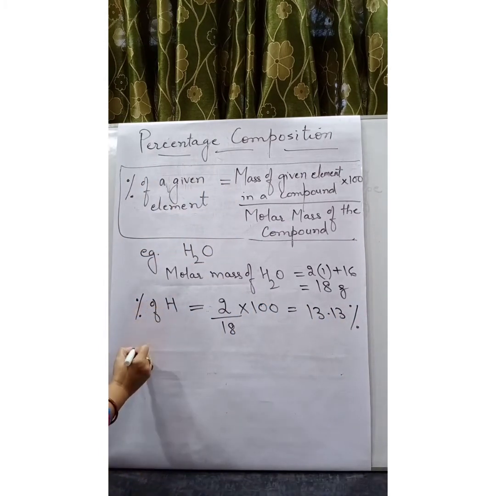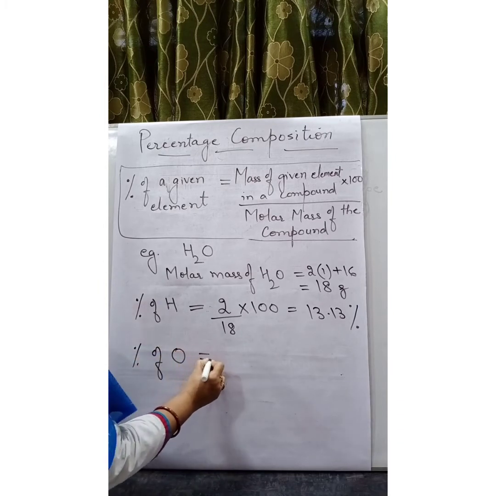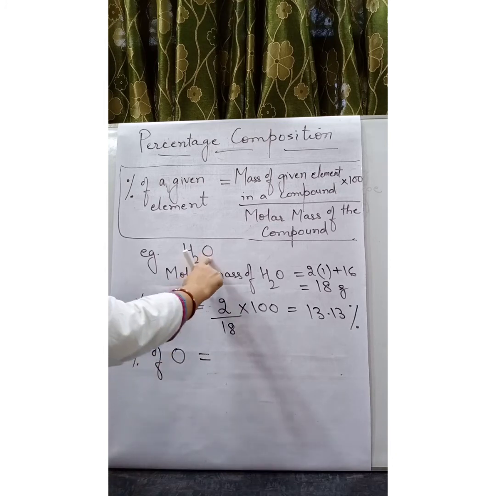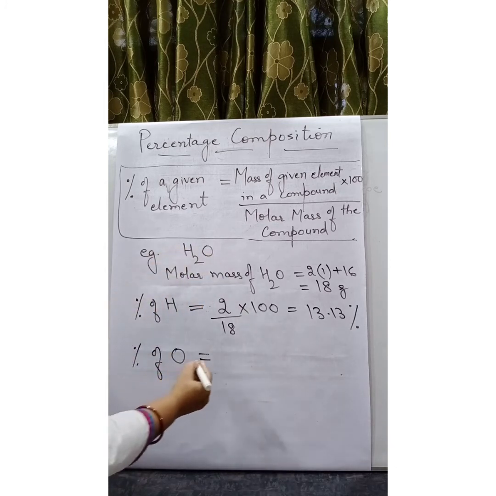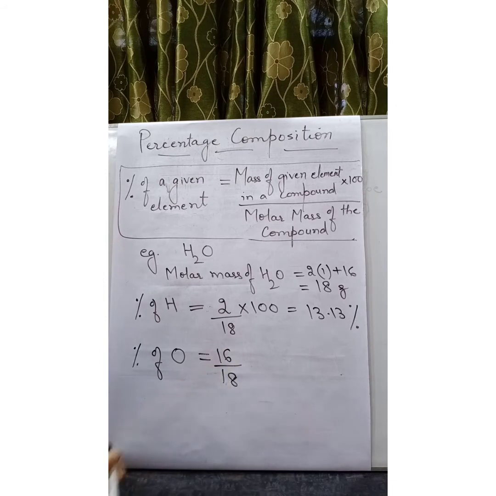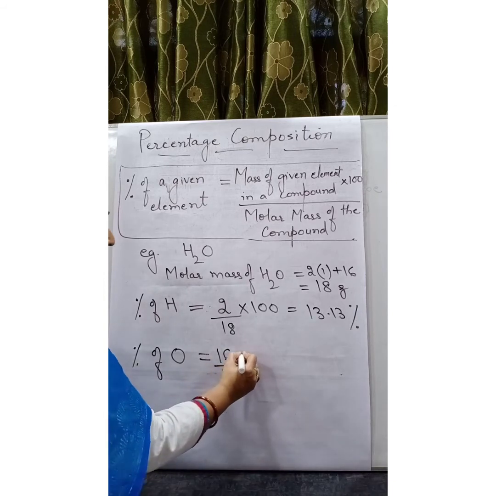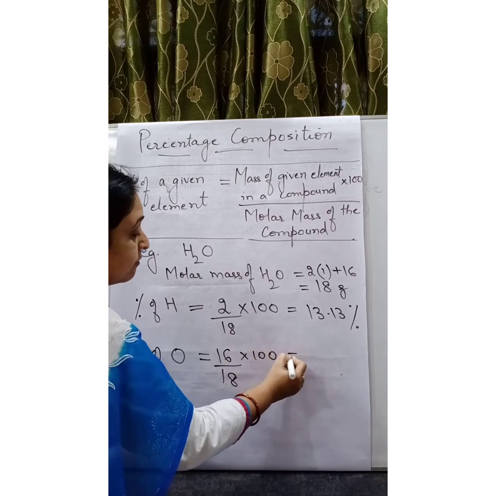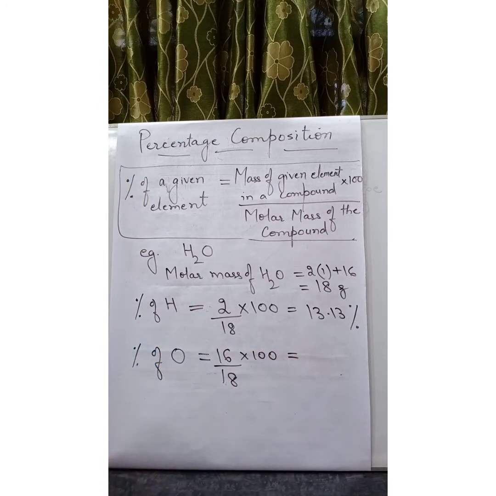Similarly, we can calculate the percentage of oxygen. Percentage of oxygen is equal to the mass of oxygen present in water, 16 grams, divided by 18, the molar mass of water, into 100.